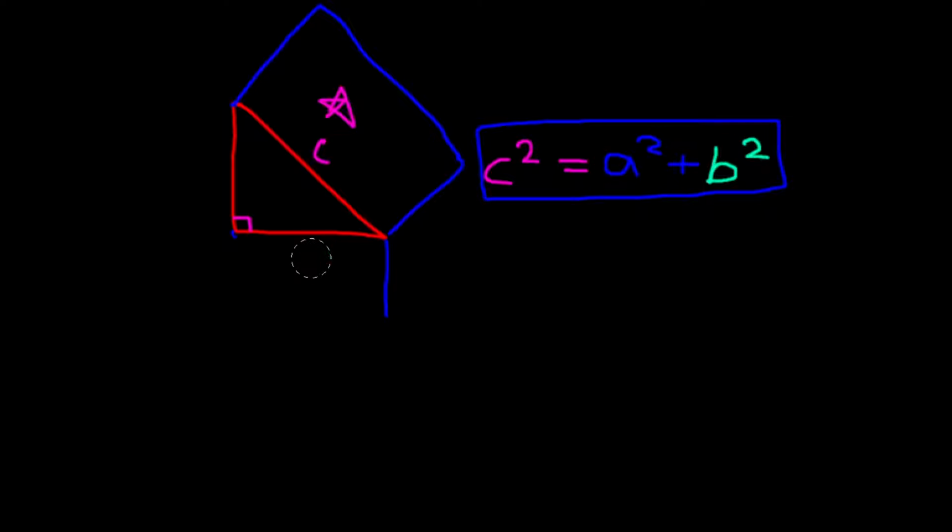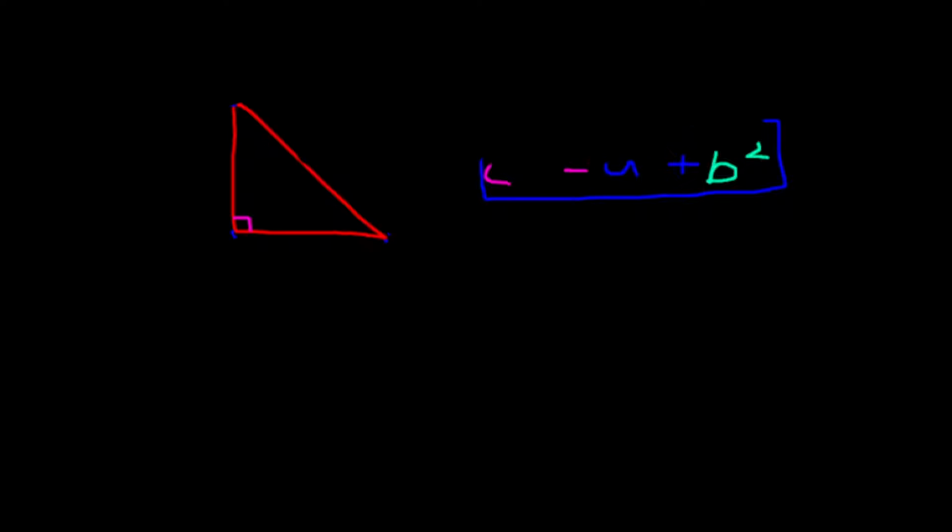Alright, so say you were trying to look for the hypotenuse in a triangle. The hypotenuse is always the longest side. It is the side right here, the side that is opposite to the 90-degree angle.